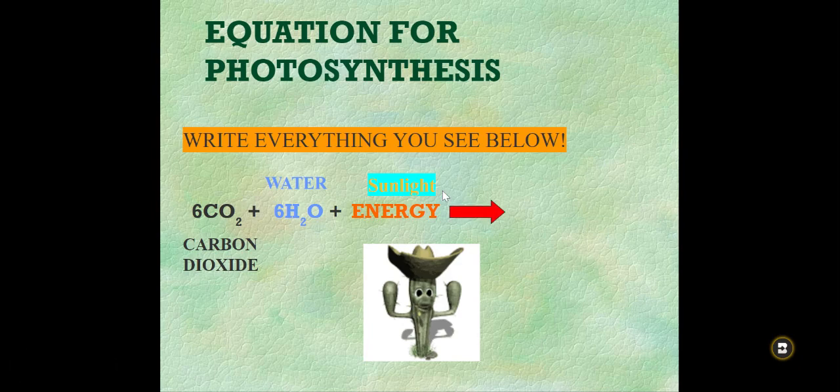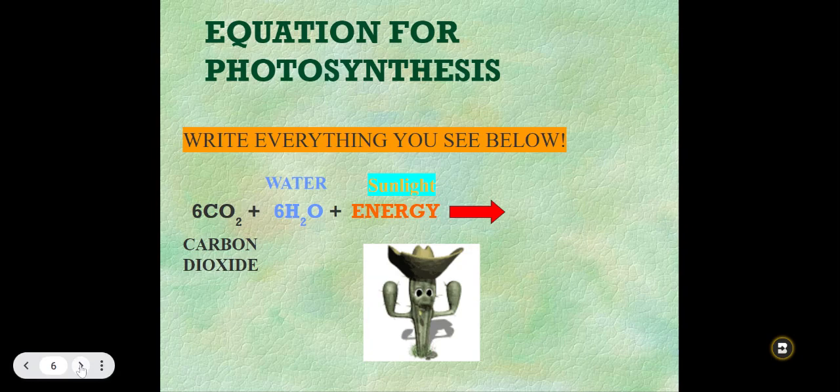And here it has this arrow after you put all of these reactants in it. Sometimes when you look this up, you're going to see the energy or the sunlight on the arrow, like you need this in order to make it go from the reactant side to the product side. That is fine. So either way to write it is completely acceptable.